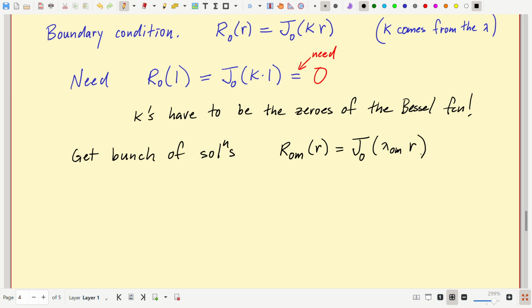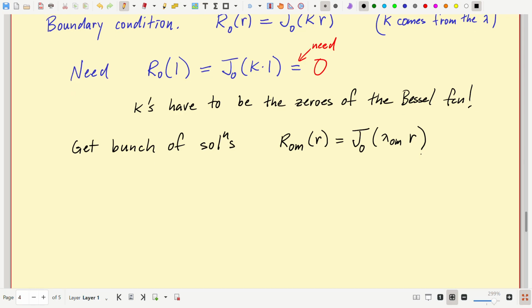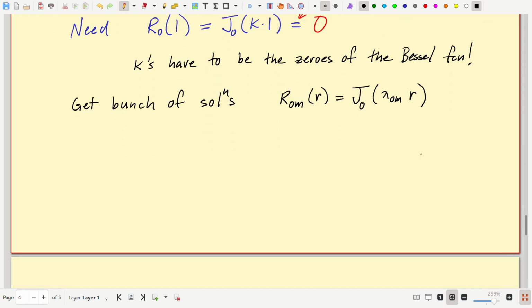And that would determine what lambdas would work. And you get a bunch more when I let the n go loose, from the other ends. And those have Bessel functions of the first kind and second kind too.